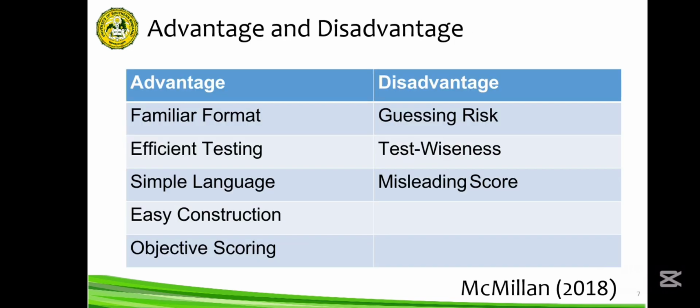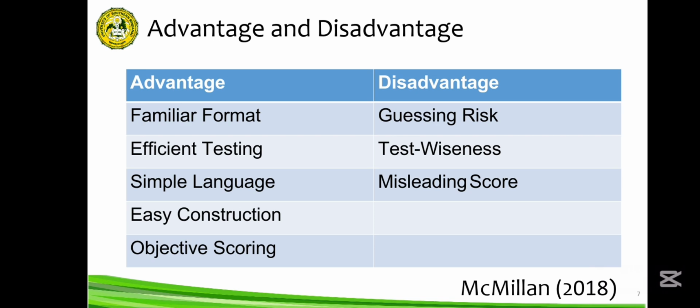Next are the advantages and disadvantages of a binary choice item. Using binary choice items has several advantages. First, the format of the question is similar to what is asked in class, so students are familiar with the thinking process. Second, efficient testing. It allows extensive sampling of knowledge because students are able to answer many items in a short time, since there are only two choices.